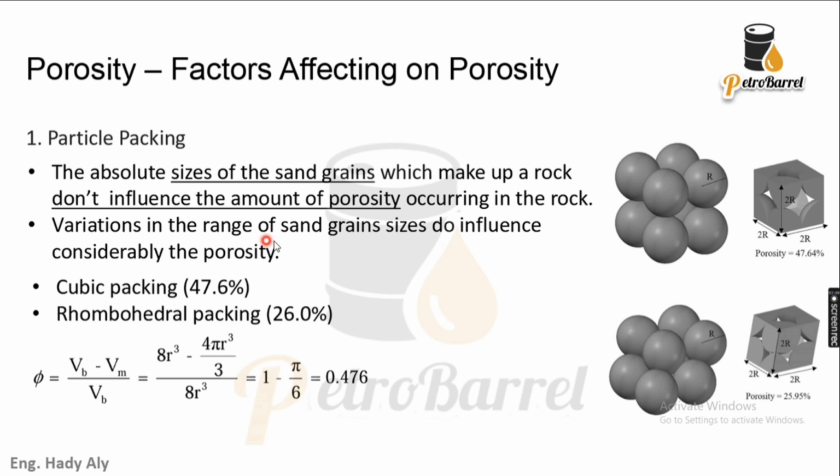But the variation in the range of sand grain sizes does influence the value of porosity, okay? If I have uniform or same sizes of sand grains, we still have a constant value of porosity, around 47.6% for cubic packing.